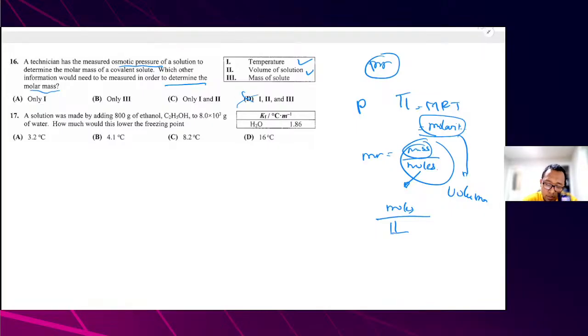Number 17: a solution was made by adding 800 gram of ethanol to water. How much would this lower the freezing point?